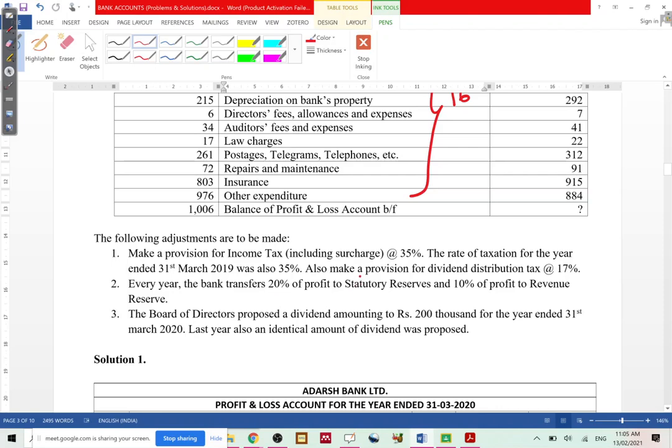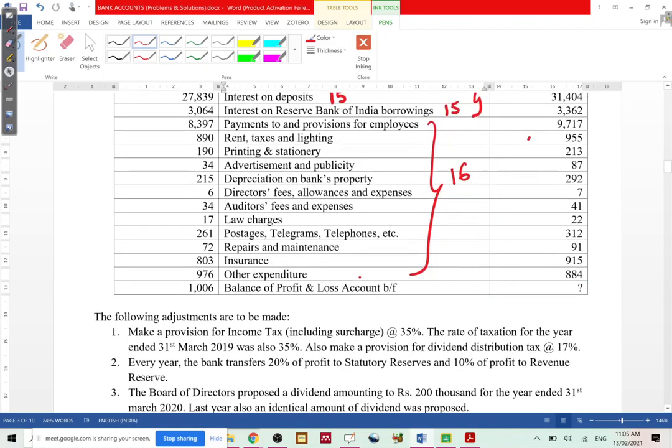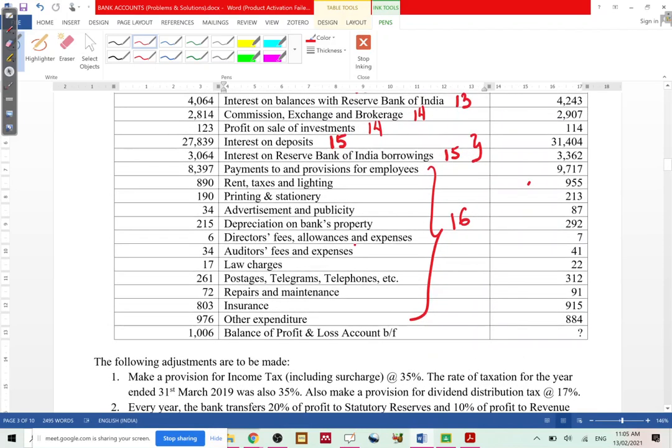All these will come in the appropriation section once we have arrived at our net profit. Okay, so that was the whole discussion. That is where all of these items in the problem are going to be posted. And once you know where to post them, the rest of the solution is extremely simple. You just need to make your schedules, take the total, transfer those totals to the profit and loss account.